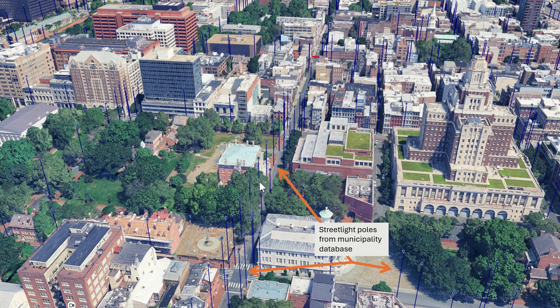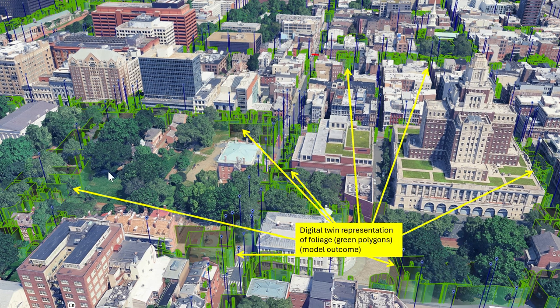So the blue lines indicate the street light information, which has been used in identifying the locations for node placement. And then the digital twin model identified this foliage information, which is the 3D representation of the polygon.